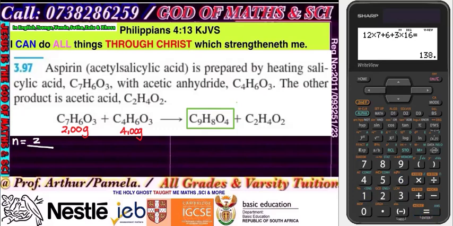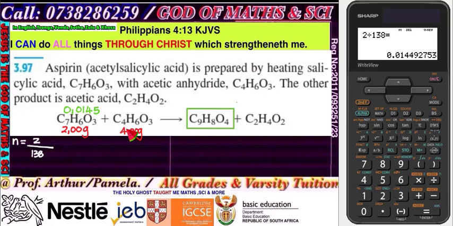So it's 2 divided by 138, because in a chemical equation we only work in relation with moles. So I've got 0.01, and to 3 significant figures, 0.0145. Those are the moles in green.